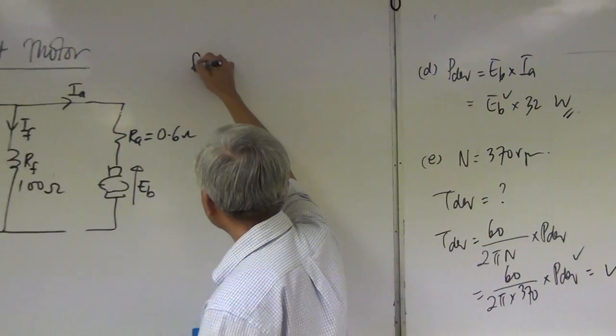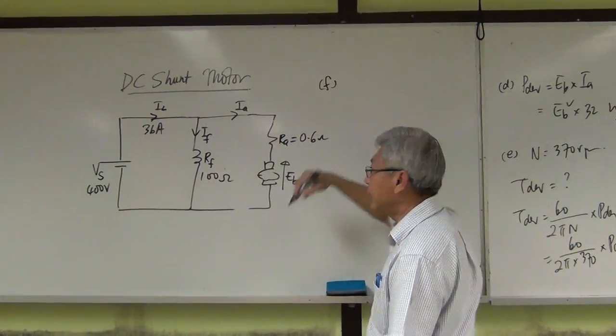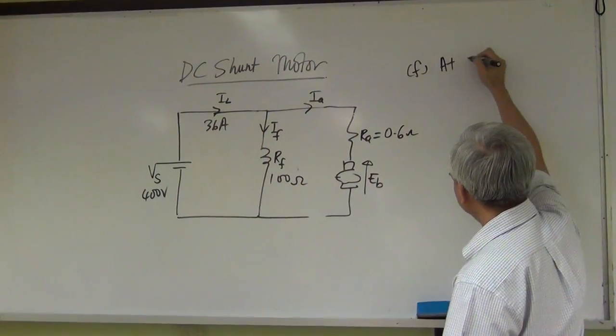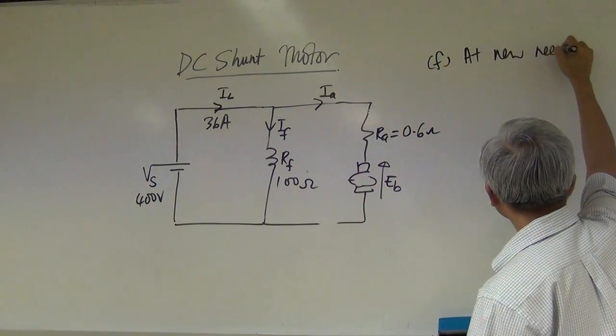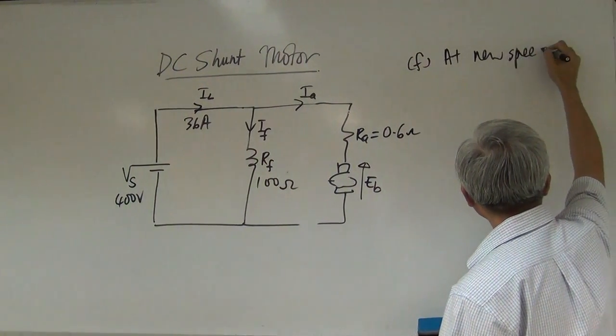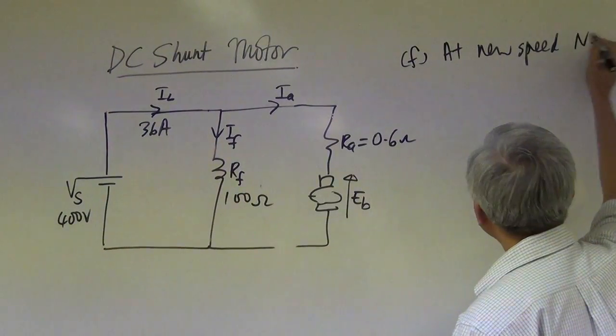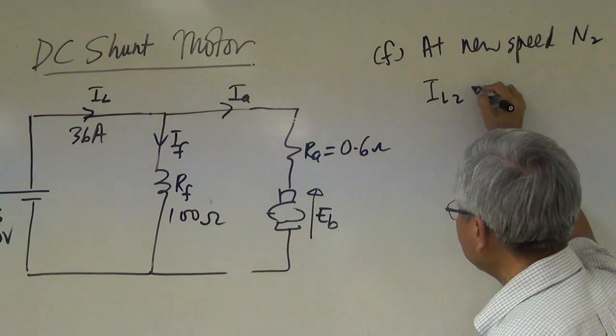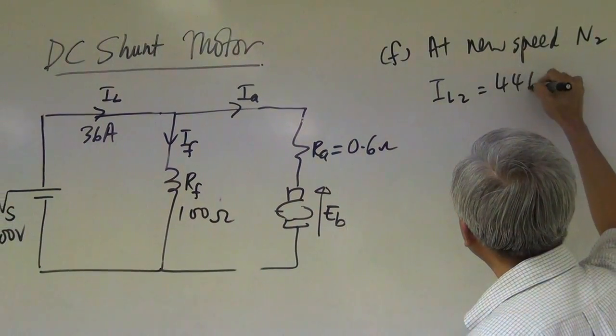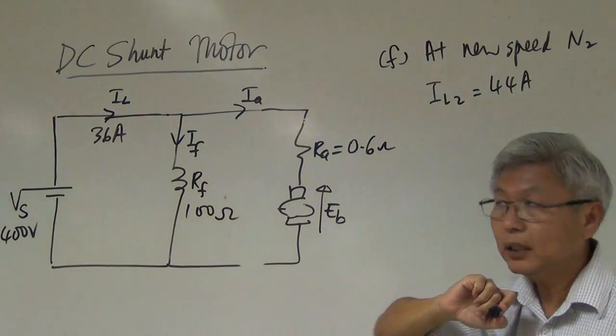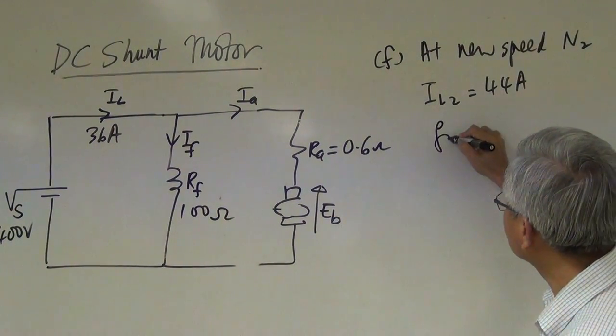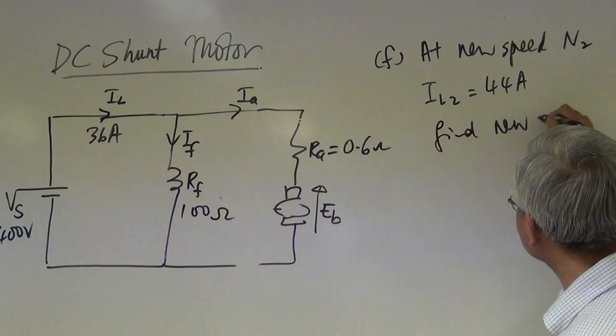Part F. Part F says, now at new speed N2, the current drawn is equal to 44 ampere. You are asked to find new speed.